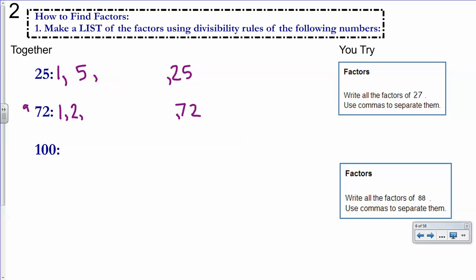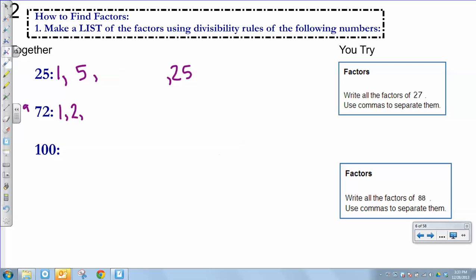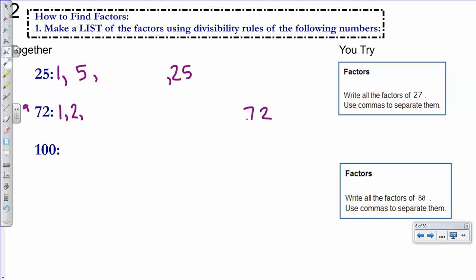So I need to know 2 times what is 72. I need to make this bigger. So we've got 72. 2 times 36 is 72.